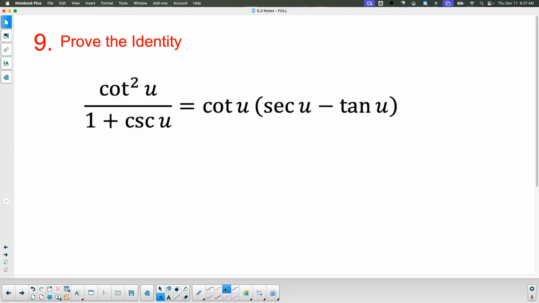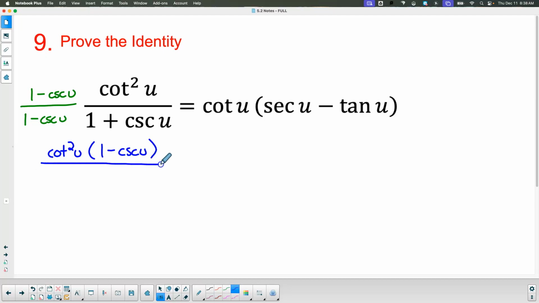If I'm working the left side, I would go 1 minus cosecant over 1 minus cosecant. I almost did CCC there. If I do that, on top I get cotangent squared times 1 minus cosecant.